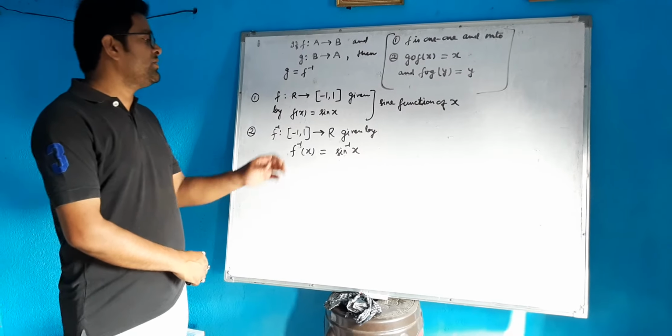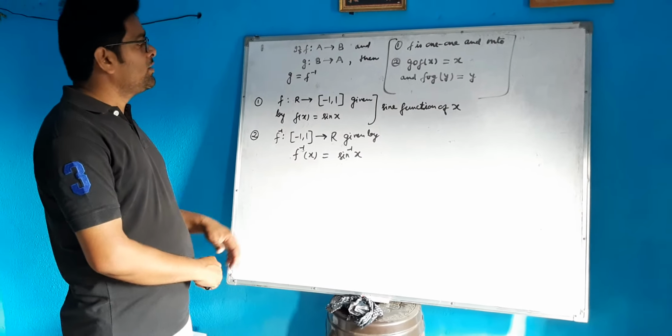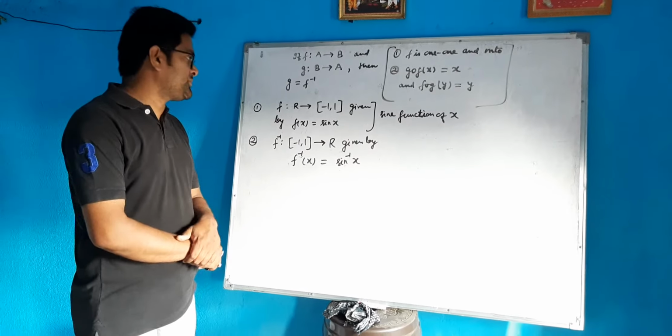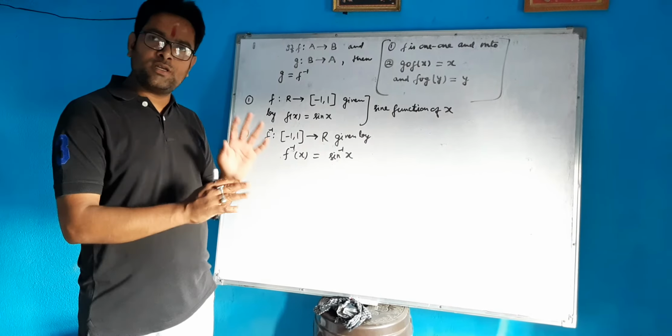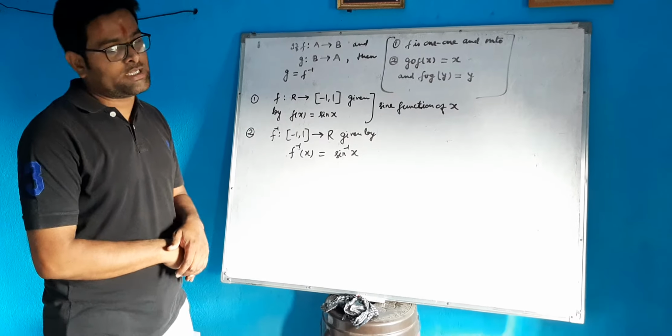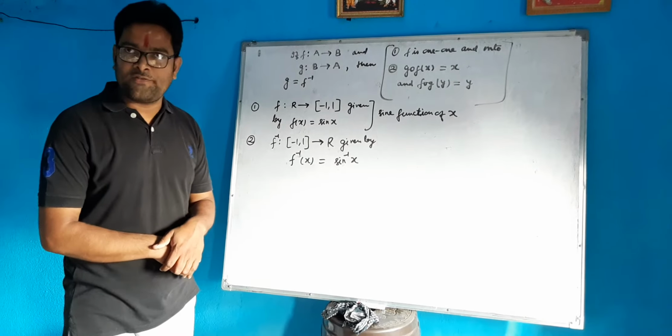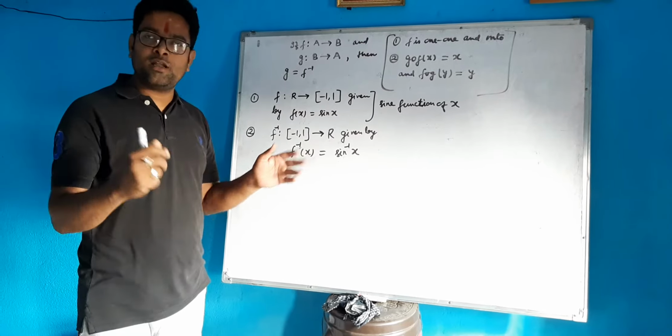Now there is a question. Here we can take any real values. Can we take all the real values? Yes, we can take. But in this way, our job will be tough to find all the real numbers.